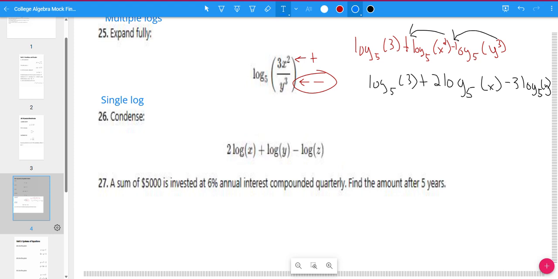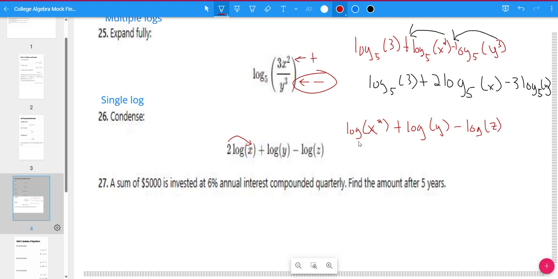So 26, if I'm condensing, remember the front moves to the exponent first. That gives me log x squared plus log y minus log of z.